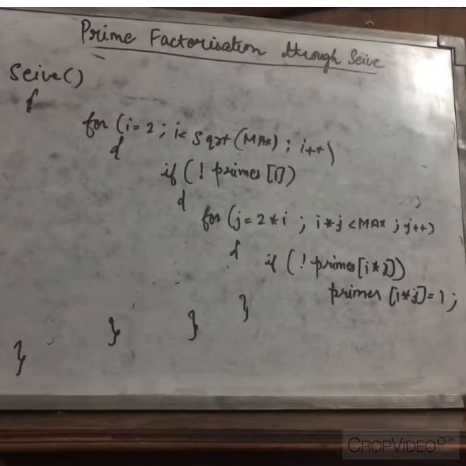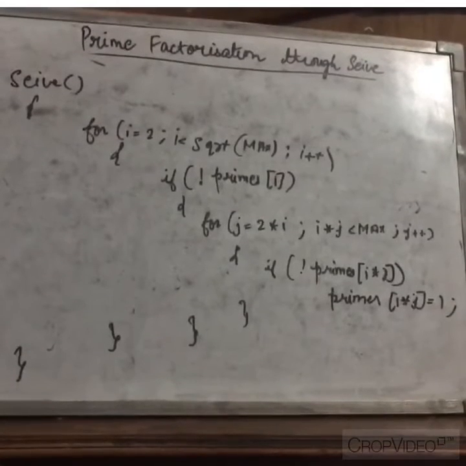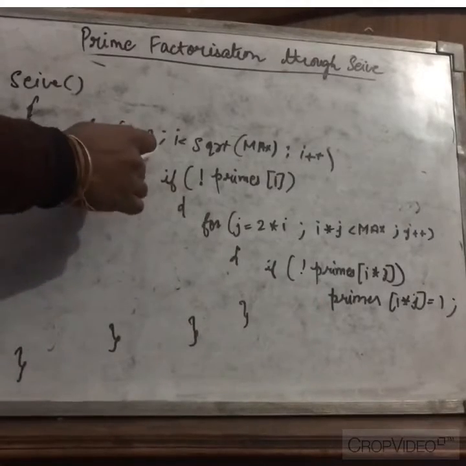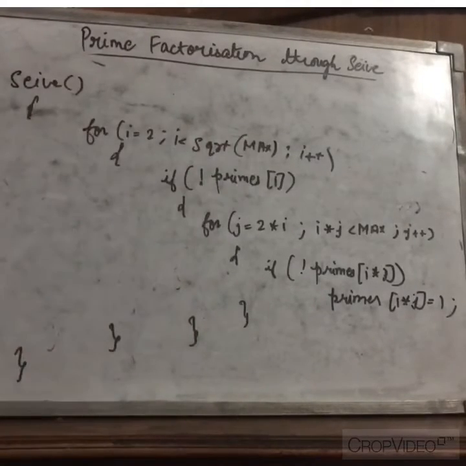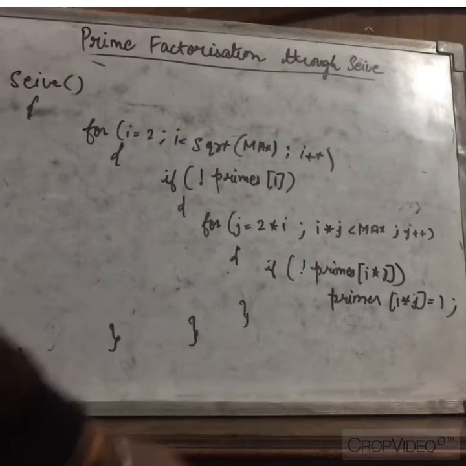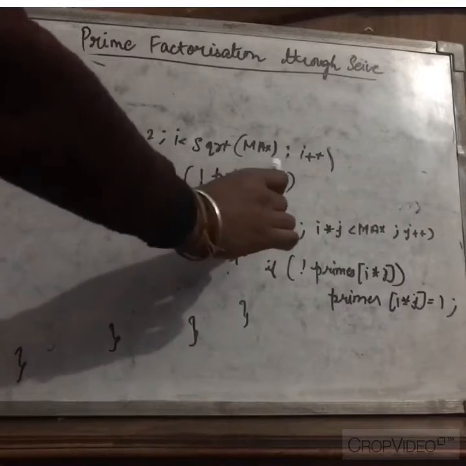You can search online about this algorithm. I will make some changes here which will help us in finding the prime factors of the numbers. What I have done here is loop from i equal to 2 to max, where max is the number up to which you want to find the prime numbers, and i less than square root of max, i plus plus.